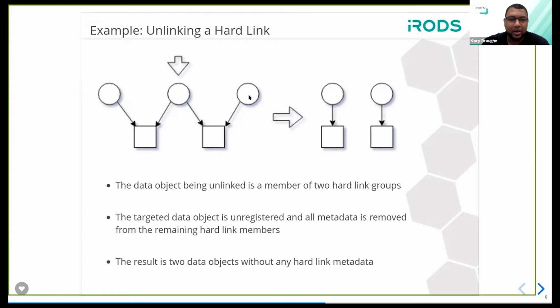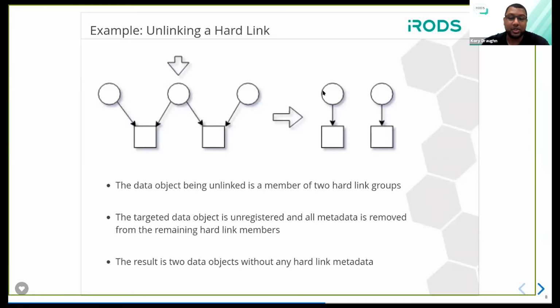And on an unlink here, in this example, we want to unlink here. Normally, iRODS will just delete all of the replicas underneath that hard link. In a hard links scenario with the rule engine, you end up with this data object just being unregistered.